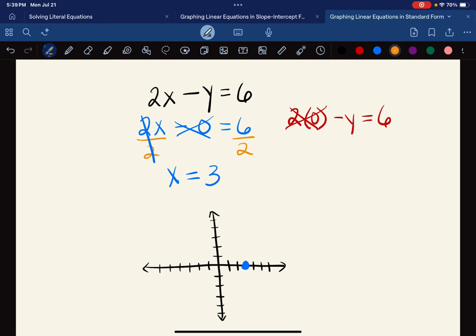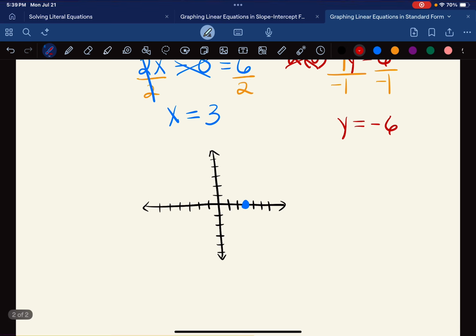We kind of absorb this negative, or we ignore it and mess up the problem. You've got to remember that there's this understood 1 in front of your y variable. And in this case, it's a negative 1. So negative 1 times y. So our inverse operation, we need to divide by a negative 1. When we divide both sides by a negative 1, that gives us y equals negative 6.